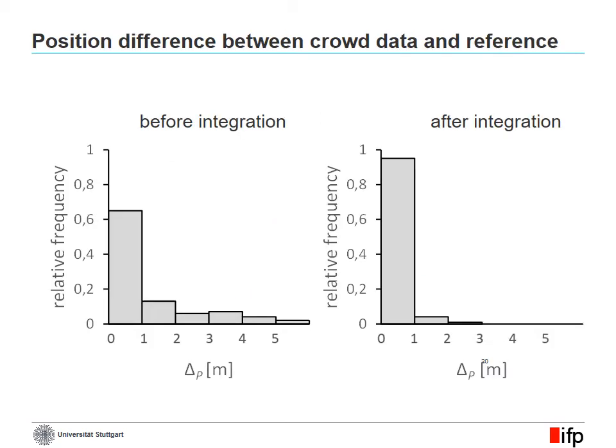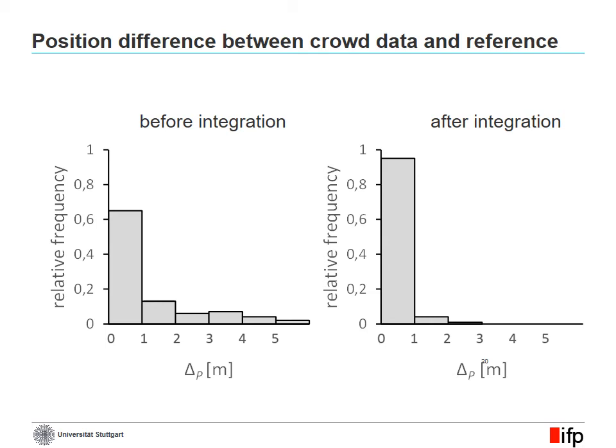And now the question is, what is the geometric quality? For example, we can look at the position difference between crowd data and reference. On the left-hand side, we see the results before the integration. If we collect the data only one time, we get a position difference between 0 meters and 1 meter for about 65% of all cars, and the maximum position difference here is 6 meters.